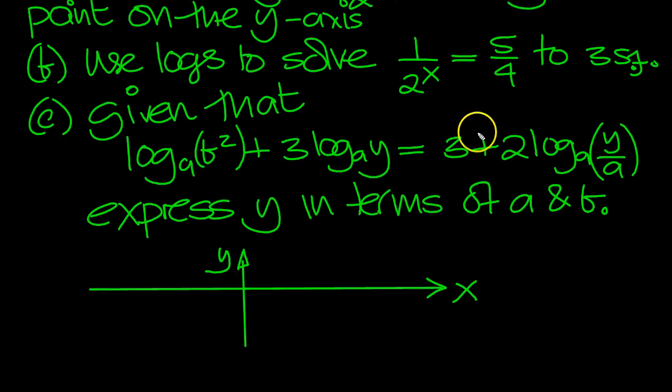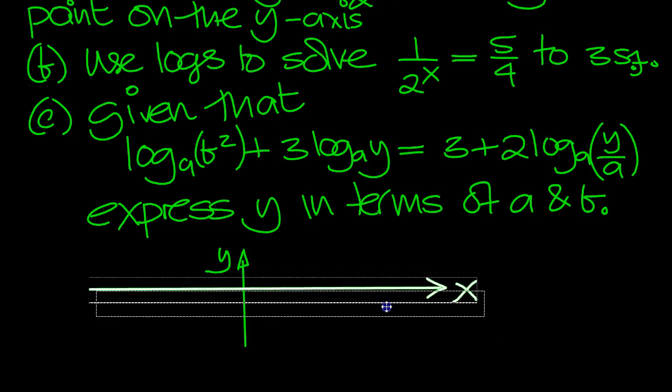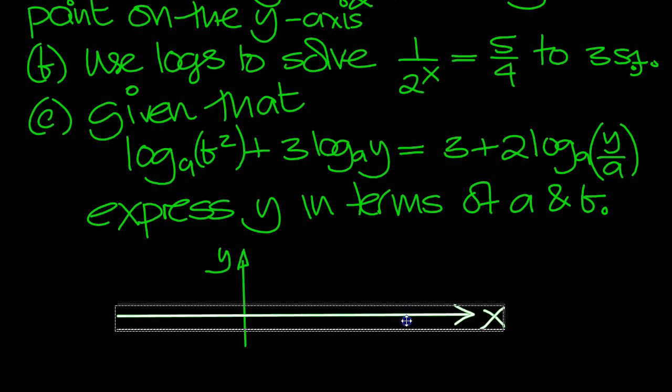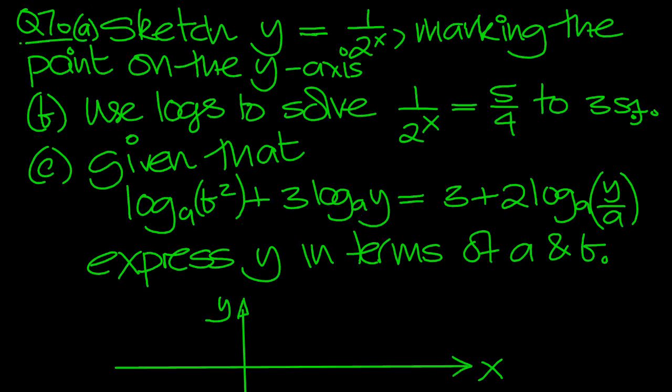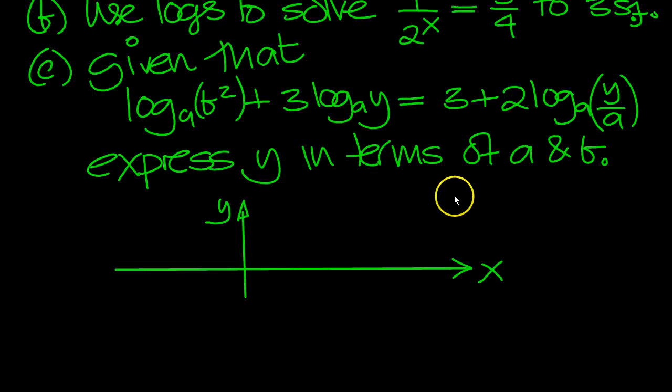Let's just move down, give us a bit more room. Okay, y equals 1 over 2 to the x is 2 to the power minus x. So y equals 2 to the power minus x.